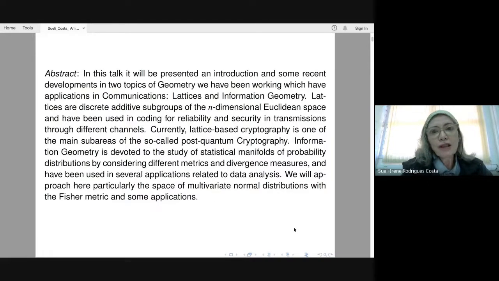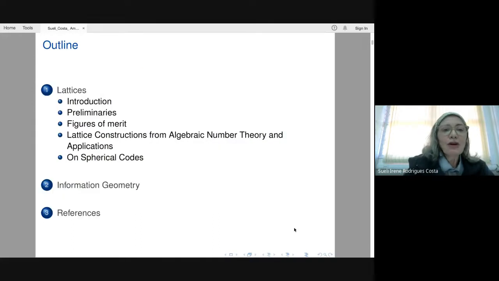this talk will be presented in two different topics. One is discrete geometry, and the second one is more differential geometry, both related to the communication area, right? So we'll start talking about some discrete geometry and applications to communications.